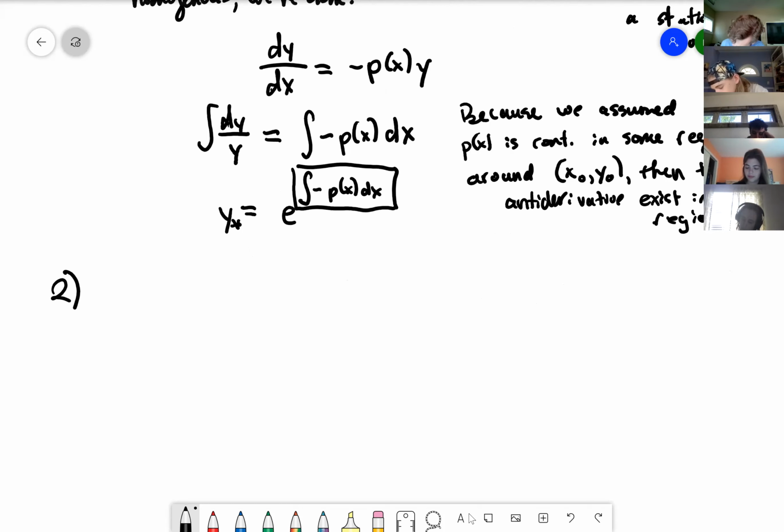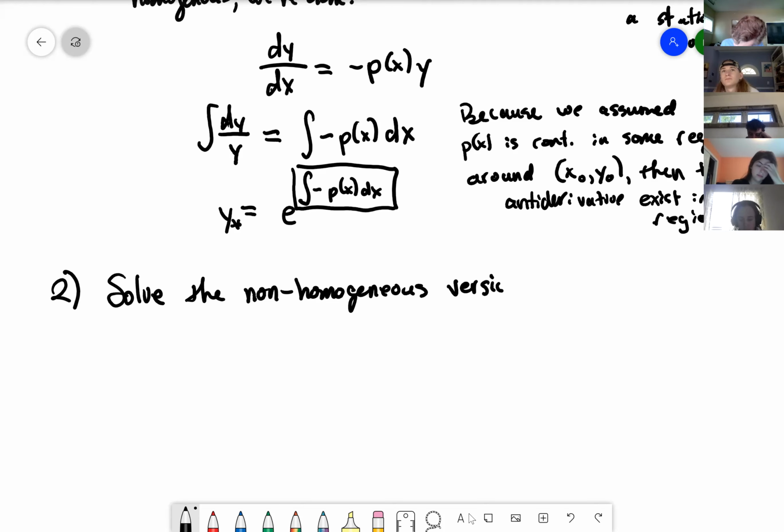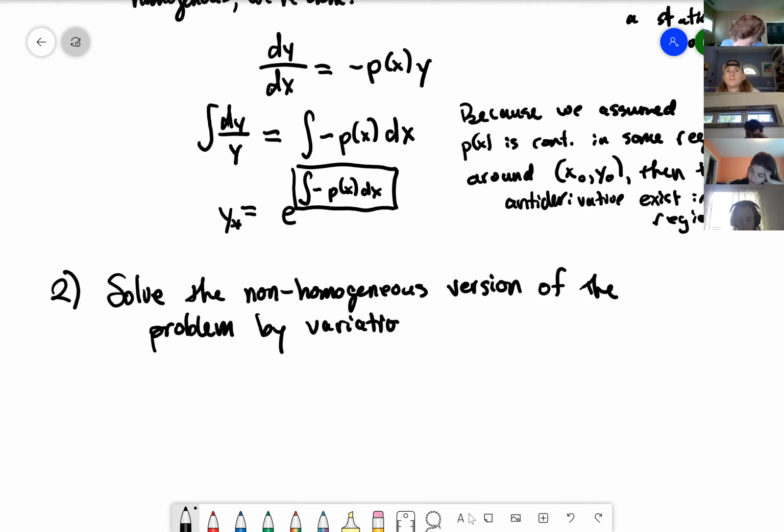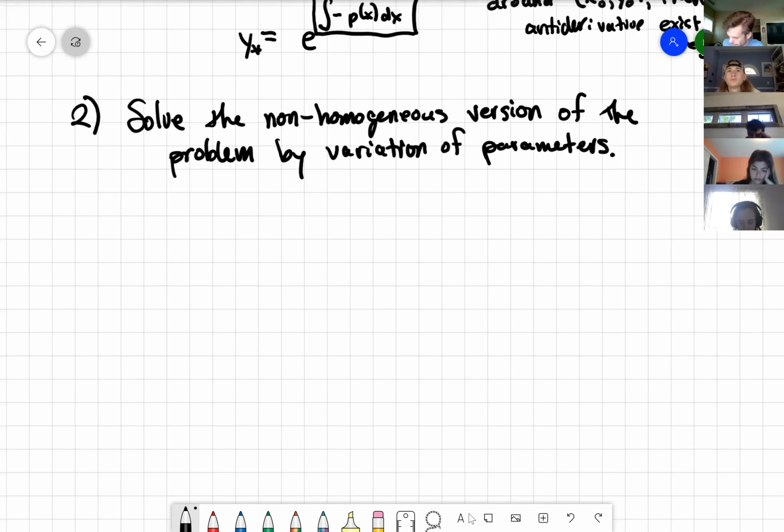So step 2 is solve the non-homogeneous version by variation of parameters. And how do we do this?